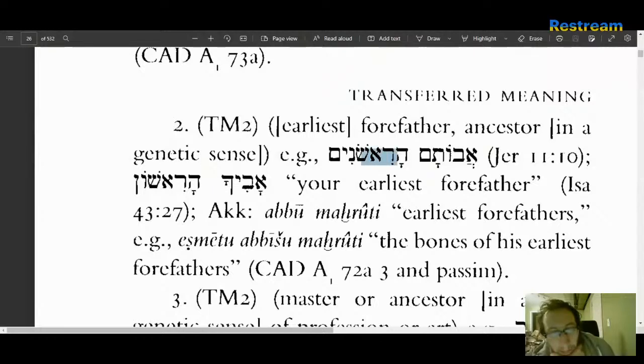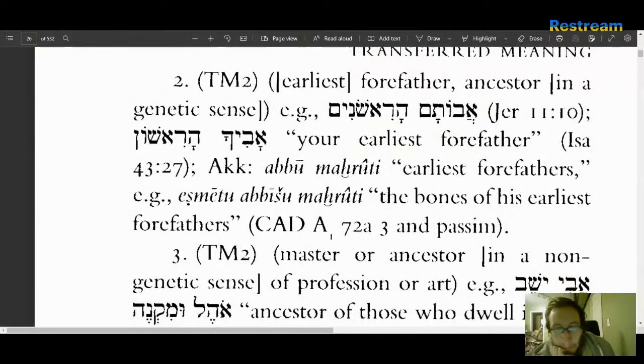I believe rashon is the first is what it means. So Akkadian has ab, but then it has a different word. It has maher. Instead of rashon, it has maher.